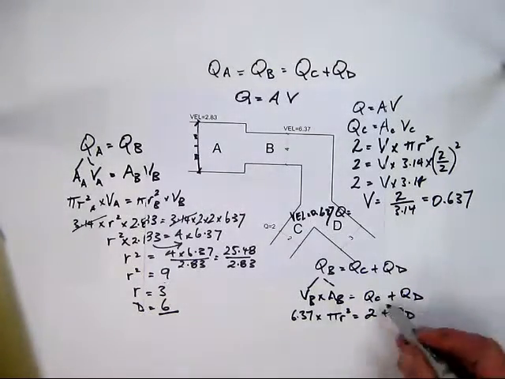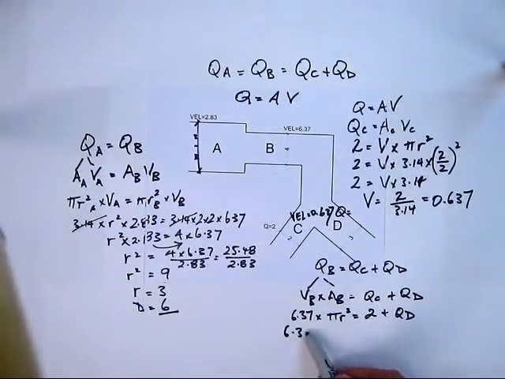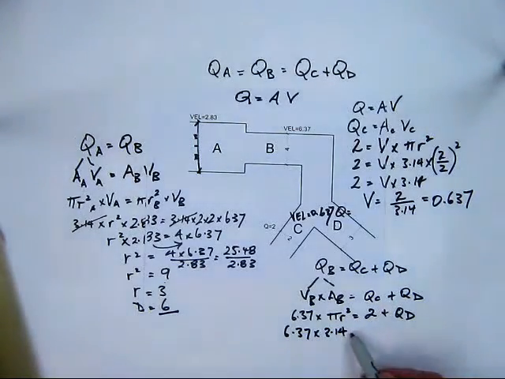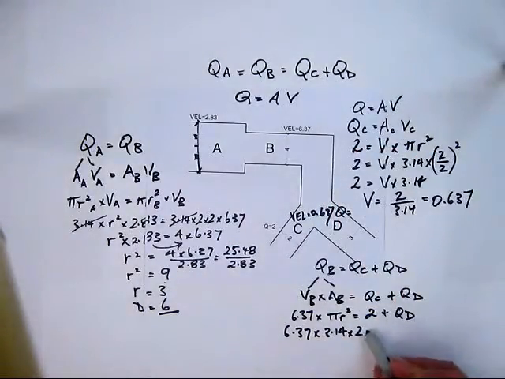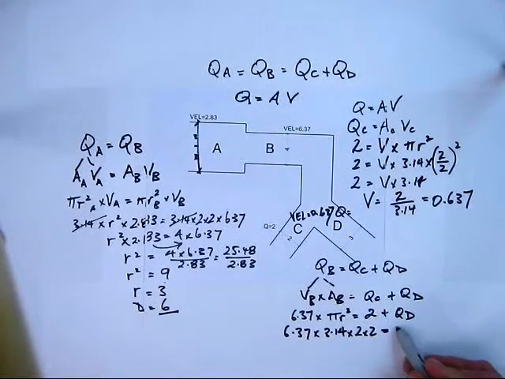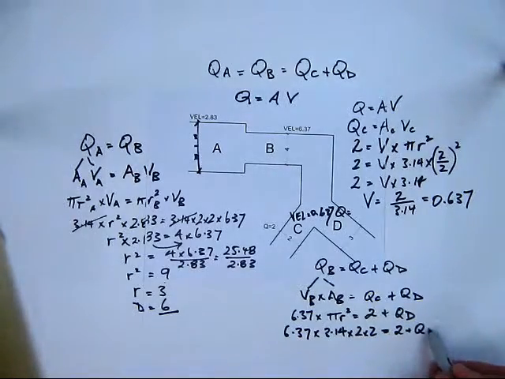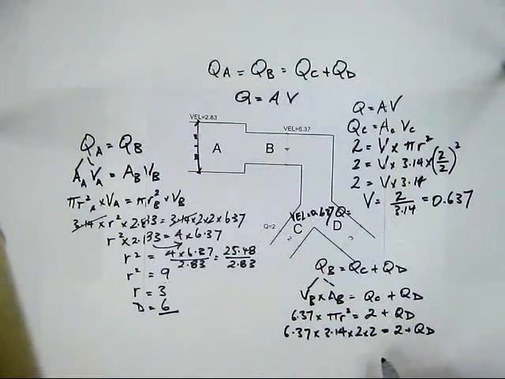So then we can substitute where we've got pi, 3.14 times the radius at B, which is 2, we looked at that earlier, 2 times 2, pi r squared equals 2 plus the flow rate at D. So then we can transpose 2, it's positive here, so it becomes negative on the other side, and we can work out that calculation.